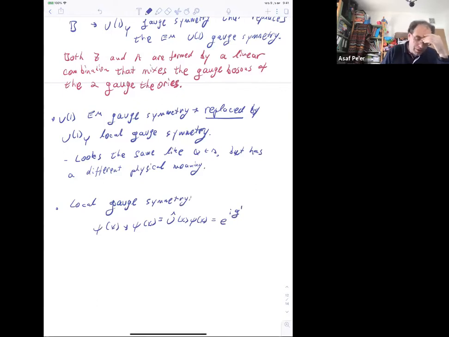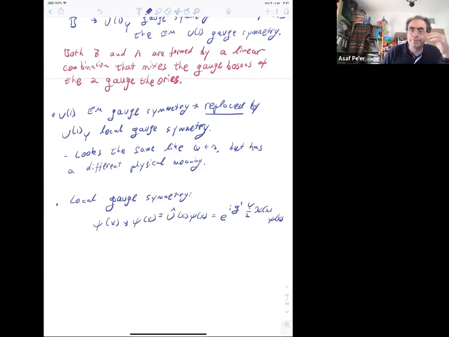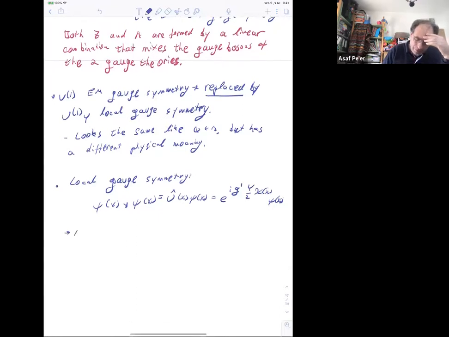That's why it's called g prime, and then Y over 2, capital Y, chi of x, times psi. So we have a new coupling constant, g prime, and we're going to get a new gauge field, which we're going to call B, just because A is already occupied. So a new coupling constant, a new gauge field.